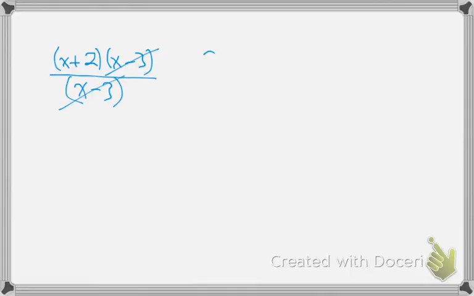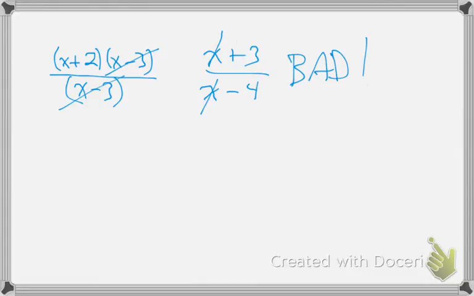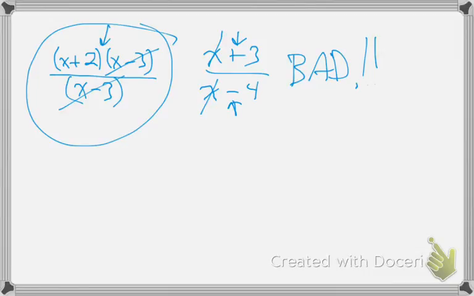So if we got something like x plus 3 over x minus 4, we could not have canceled those x's because they were being added to a 3 and it was being subtracted with a 4. Okay, that's bad. You can only cancel if they're being multiplied.